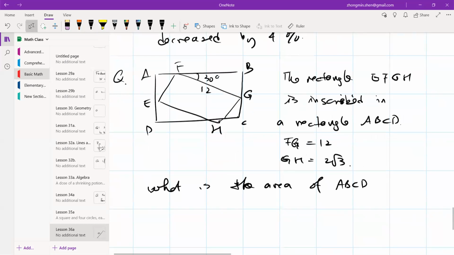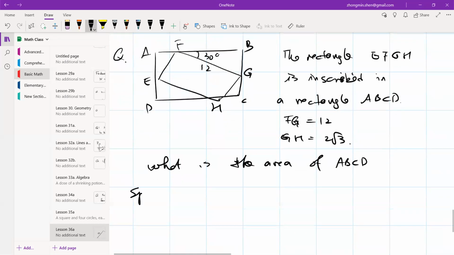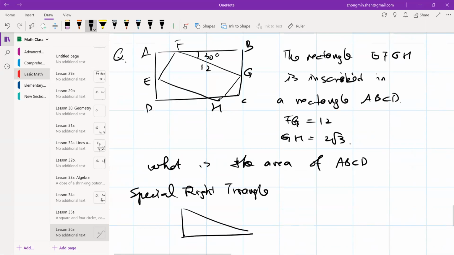All right, try this to see if you're able to get it. We need some preparation: the special right triangle, otherwise you're not able to solve the problem. When you have a triangle with a 30 degree angle, and here's C, and here's A and B, then A over C should be equal to 1/2, and B over C should be equal to square root 3 over 2.